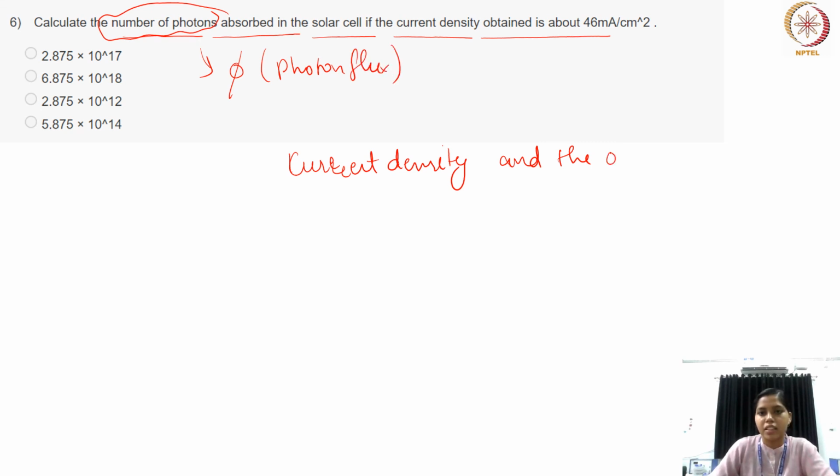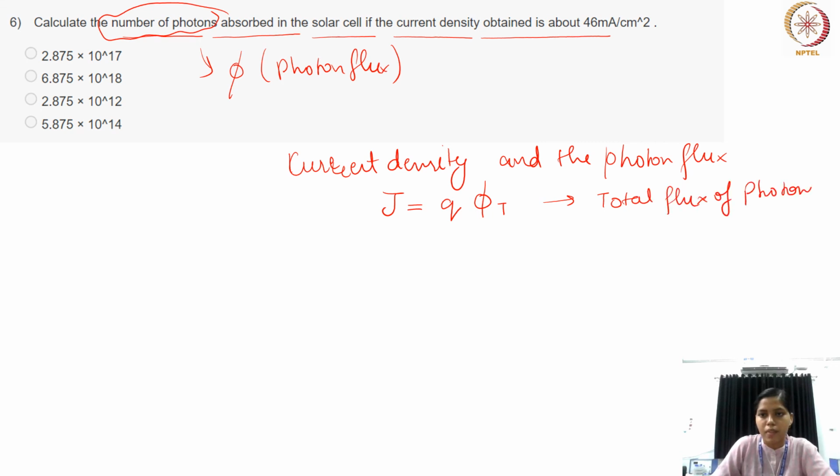So the current density and the photon flux are related by J equals q times phi t, where phi t is your total flux of photons per meter square, or per unit area. So here we want to calculate the flux, where J represents the current density, divided by the charge.